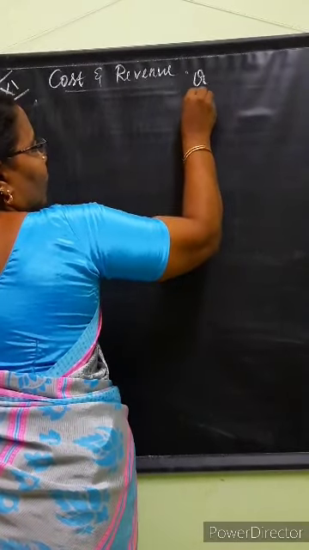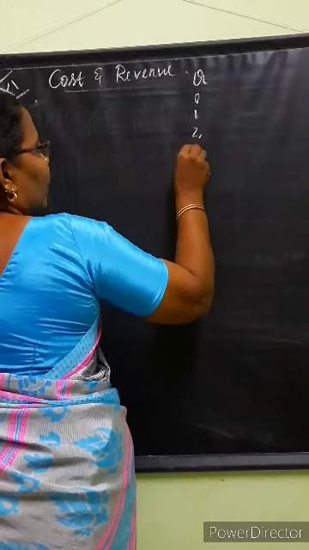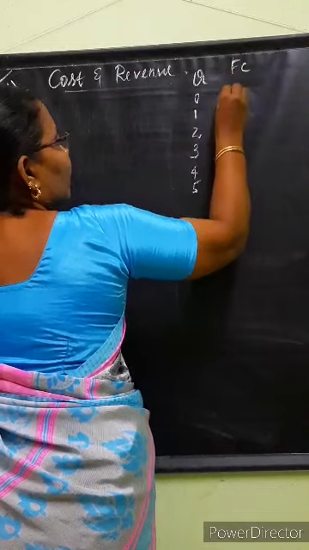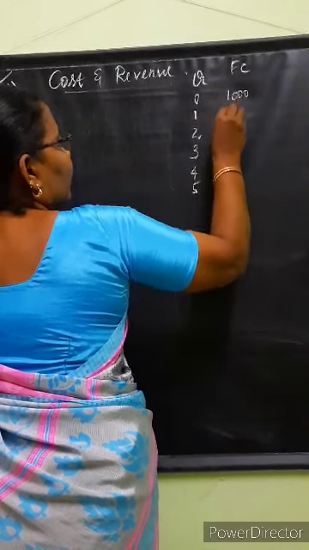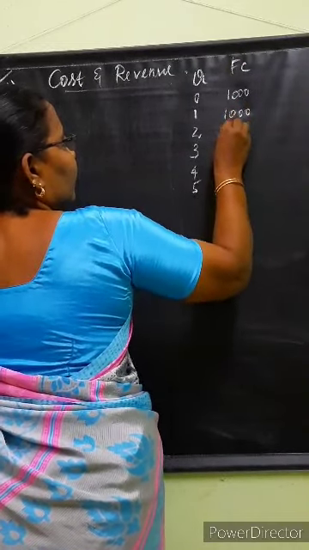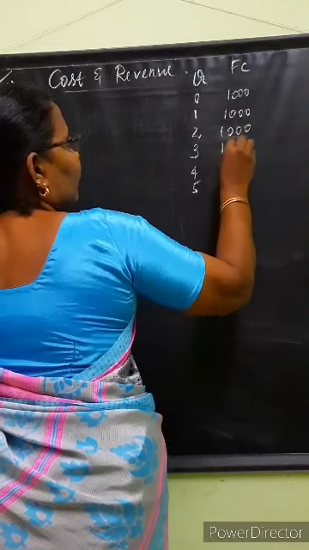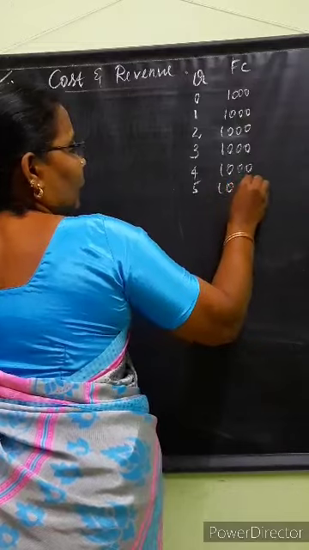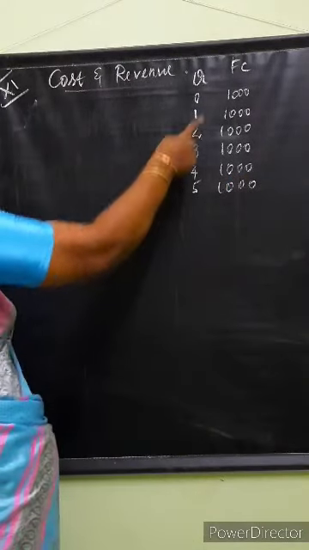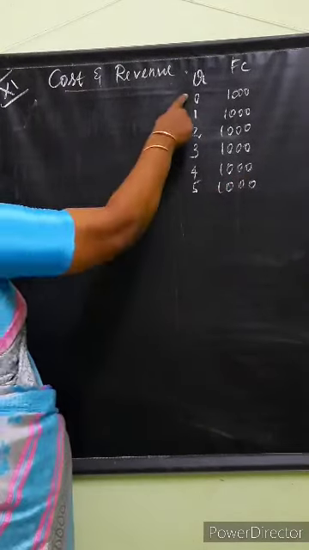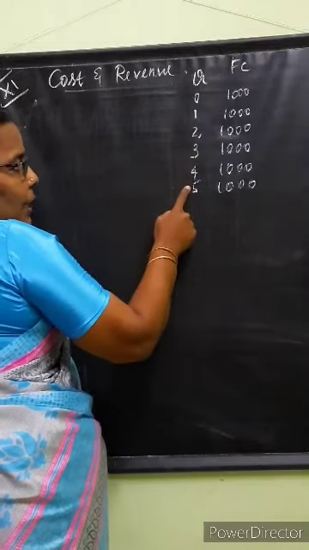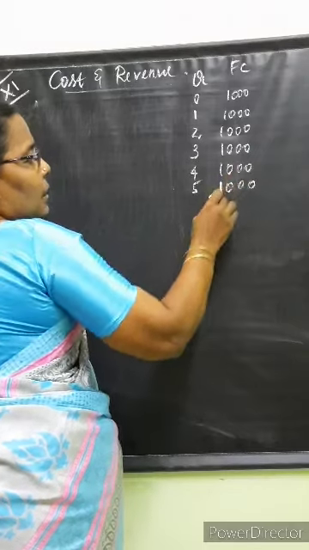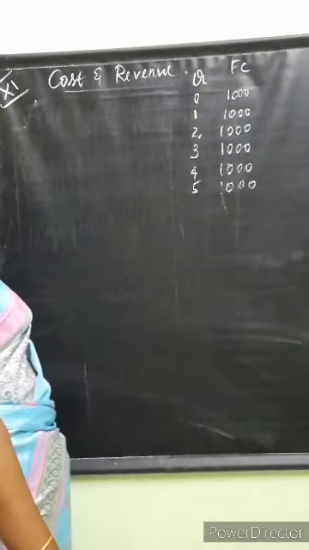Quantity, whatever it may be, I told, fixed cost will be 1000. Fixed cost remains constant whatever the output, whether the output is increased or decreased. The fixed cost will not change, it remains constant, we studied.